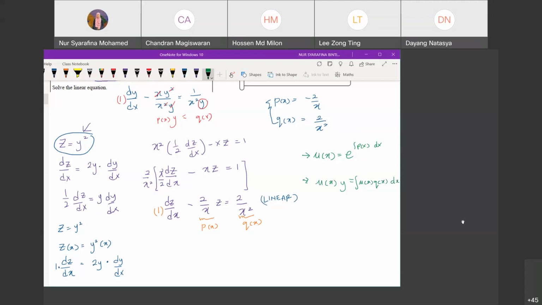What is your integrating factor? And then what is the integral of mu x and Qx then? e to the power of integral of -2/x dx equals what?